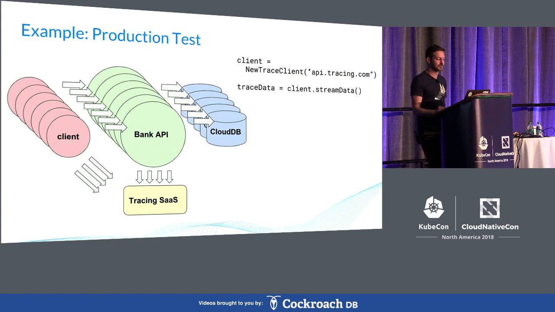Assuming we have distributed tracing turned on in production, you've got some large-scale tracing SaaS collector, something like this, collecting traces. Perhaps they're sampled, perhaps they're not. And what would it be to test whether all the assertions you made in development are still holding true in production? Even though you've changed your production environment from your development environment, you'd really like to know your assertions are still holding true.